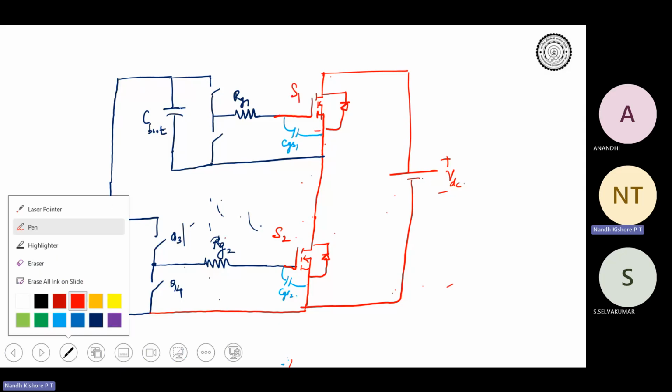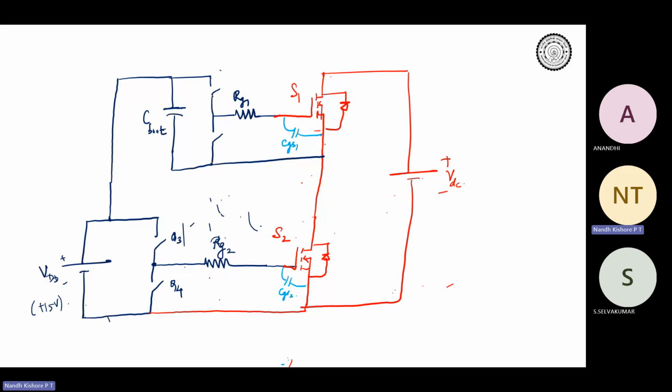We will name these Q1 and Q2. So from the perspective of C boot, you know that capacitance is a voltage shift element. It doesn't allow sudden change in voltage. So assume that C boot is a proper voltage source.